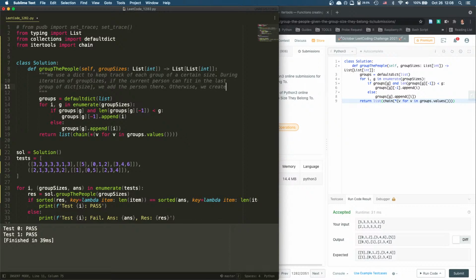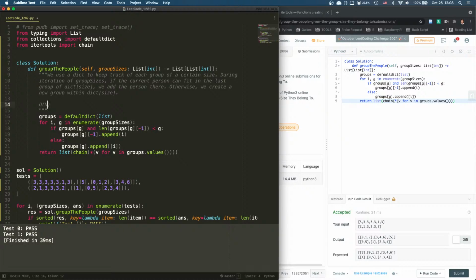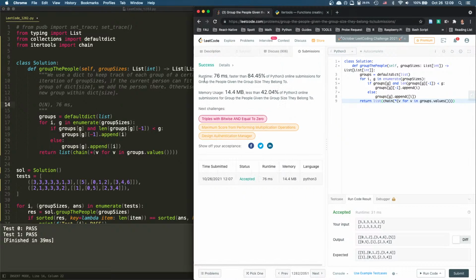Otherwise, we create a new group within the dict size. This runs in O(n) and it gives us 76 milliseconds, 84.